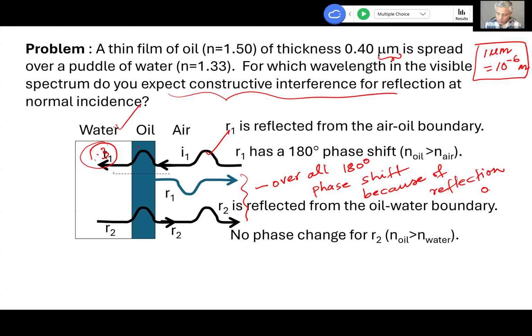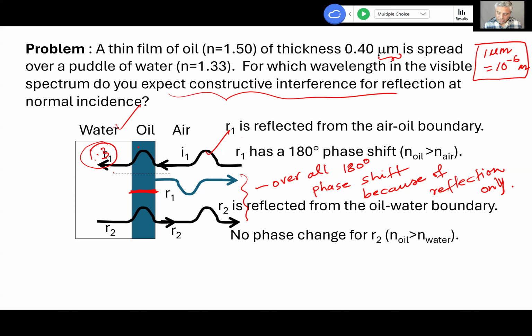See, two things can change phase. So far, we looked at what happened to the phase due to reflection only. Okay? We haven't looked at the phase change due to the thickness.